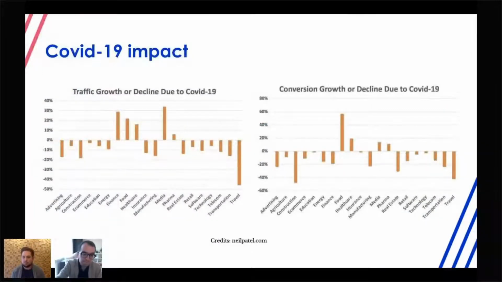So just to give you a few stats about growth of traffic and growth or decline of conversion, we can see that a lot of industries are impacted by this, and a very important thing for us now will be focusing not only on acquisition but also on activation of customers.